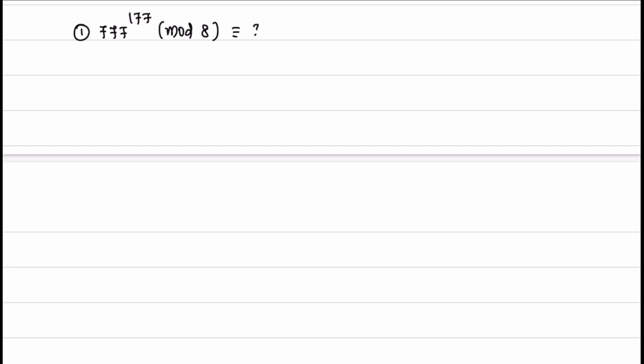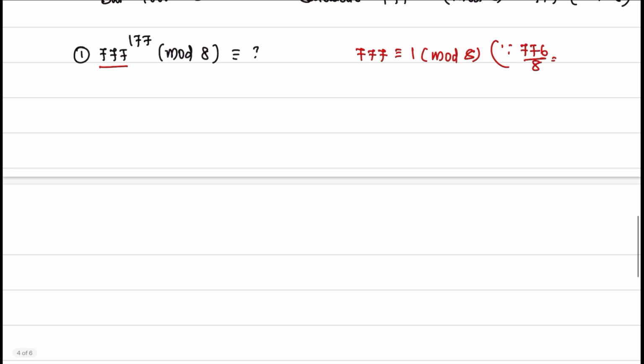Here, if you see this portion, 777 is equal to 1 mod 8, because 776 is divisible by 8. 776 is divisible by 8, giving 97.